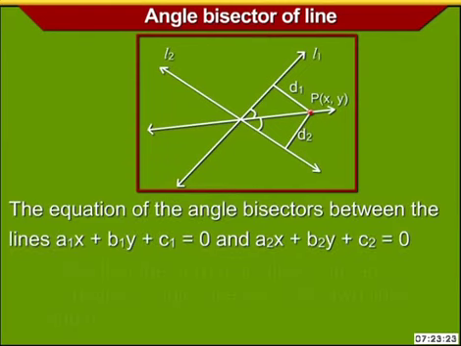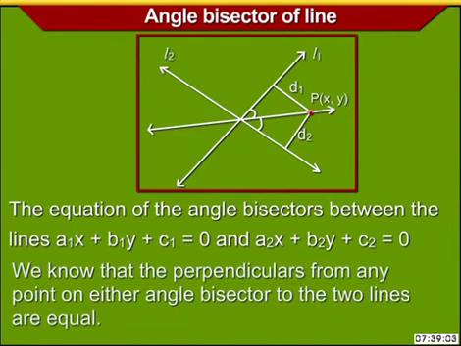Angle bisector of line. The equation of the angle bisectors between the lines a1x plus b1y plus c1 equal to 0 and a2x plus b2y plus c2 equal to 0. We know that the perpendiculars from any point on either angle bisector to the two lines are equal.